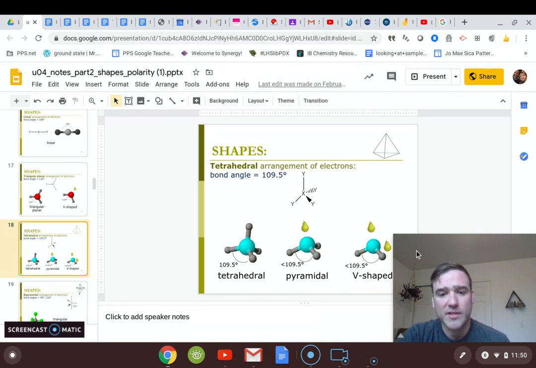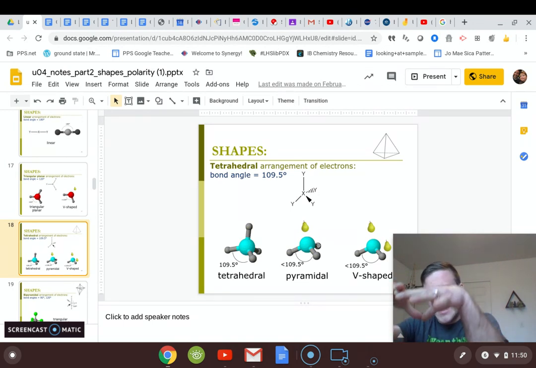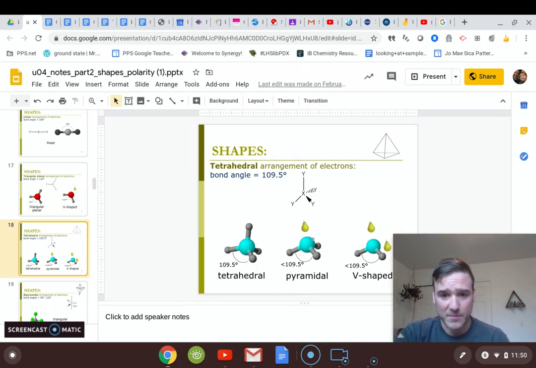The other 2 shapes you see here are modifications of tetrahedral that occur when 1 or 2 of those steric centers become lone pairs. In the second image here, 1 of the 4 steric centers is a lone pair and 3 remain. So you can sort of see the modification of shape. The 3 remaining bonds press downward because of the repelling force of the lone pair, and the lone pair kind of sits on top of the molecule.